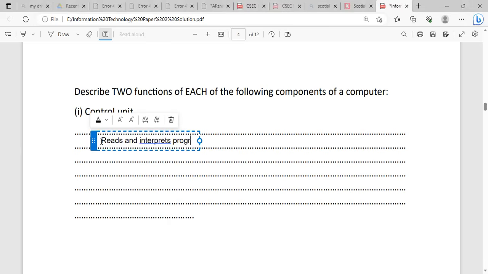And we know that a program is basically a set of instructions. So that's one function of the control unit.